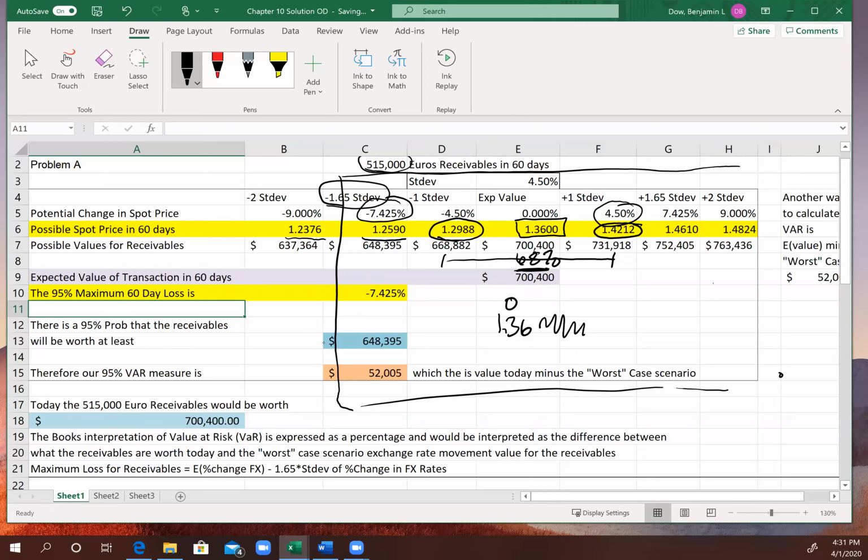I don't know. Okay, well, think about it. We want to go down not more than one, but less than two. So one standard deviation was 4.5%. Two standard deviations is obviously 9% away from our expected value. So how do you think we get 7.425%?